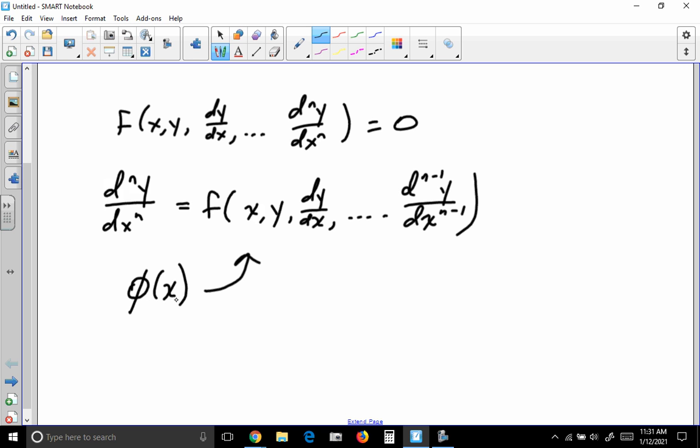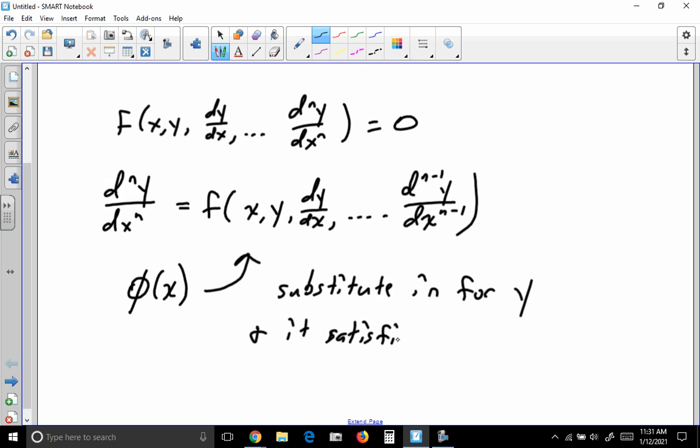If we substitute this and its subsequent derivatives into a differential equation, so if we substitute in for y into either one of those equations, and it satisfies the equation, making it a true statement, then we say that that is an explicit solution.